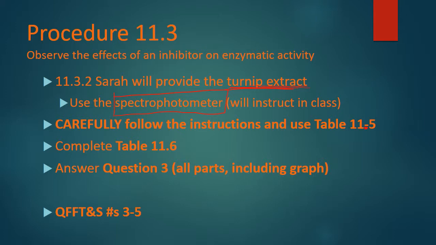Put your tubes in order, add water to all of them first, then your guaiacol to the ones you need, then hydrogen peroxide, then turnip extract, then the hydroxylamine. I hope I can find some hydroxylamine so we can actually do this experiment. You can also complete table 11.6, because you're only going to be doing this for about 5 minutes, which is nice, and you'll use the spectrophotometer to measure the absorbance.